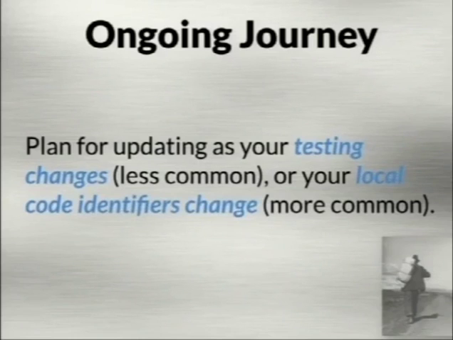What is super common is that the local code identifiers change. If you get a new LIS system, a lot of times everything has to be remapped or relinked to these other identifiers. Or if your organization buys another facility and you have to integrate their stuff with your stuff, sometimes your stuff loses out. So you're going to have to plan that this isn't just a one-time thing, and once you go live, you're going to have to keep up this maintenance activity.